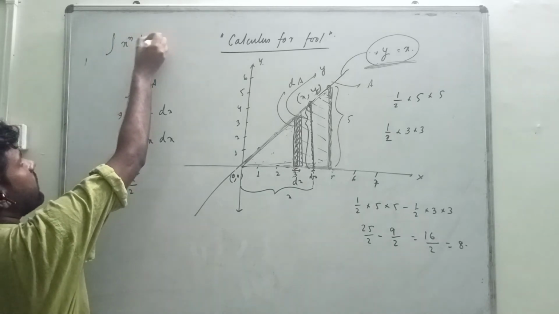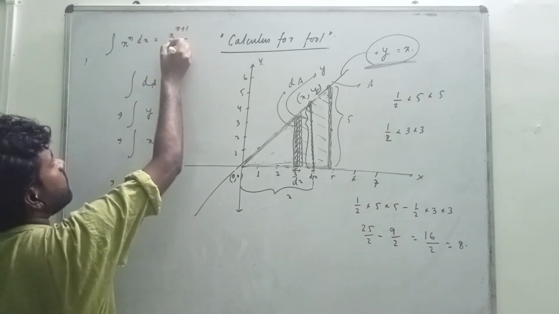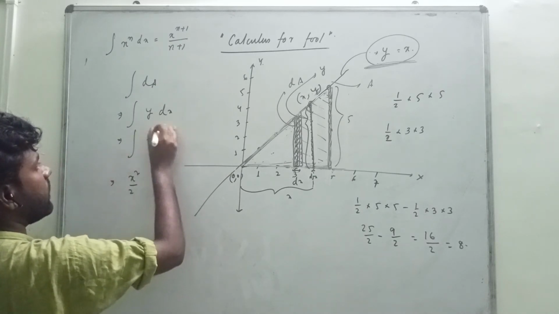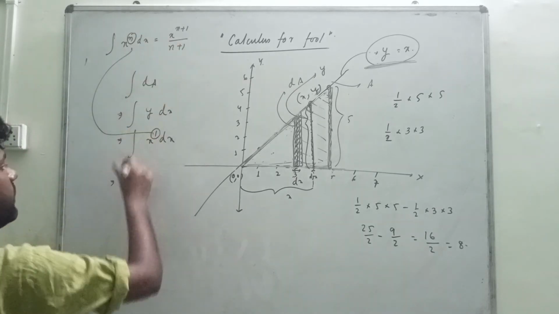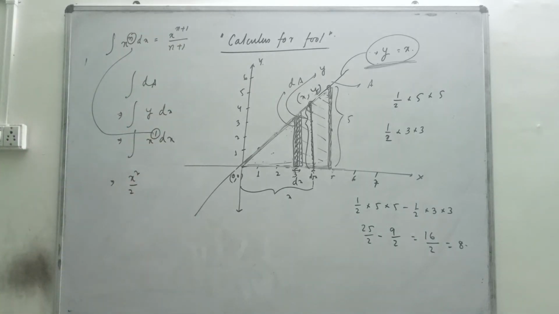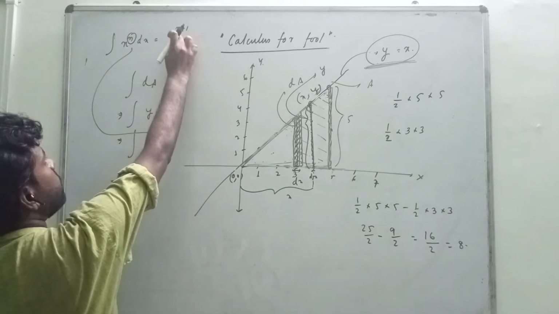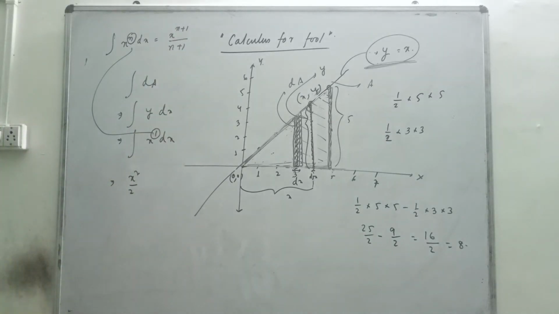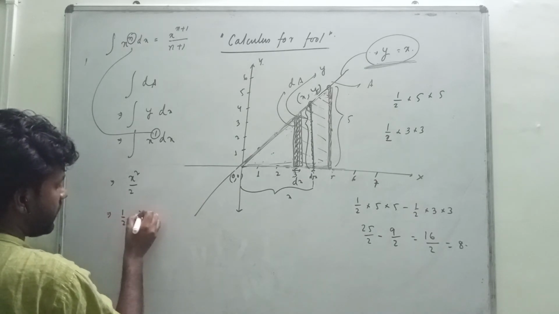X power n dx goes to x to the power n plus 1 by n plus 1. As the x means x power 1 and correspondence with this n, just x square by 2, right? Instead of n, you write 1 here. So x to the power 1 plus 1 means x squared, by n plus 1 means 2. So it is x squared by 2. That means half of x squared.